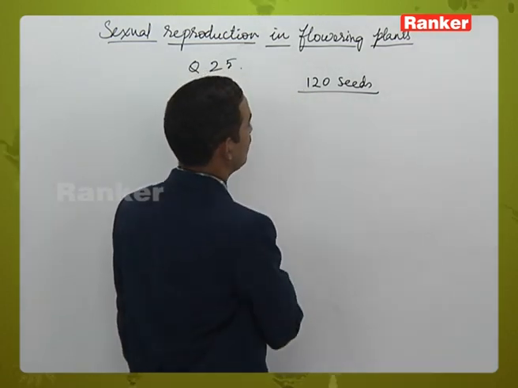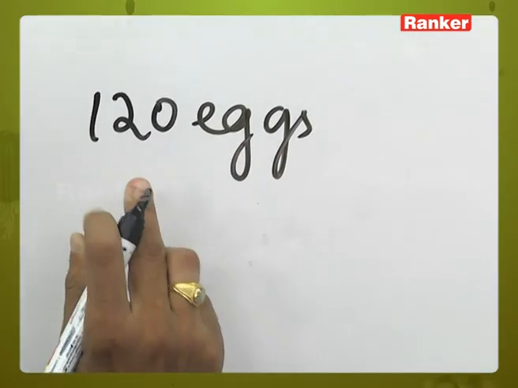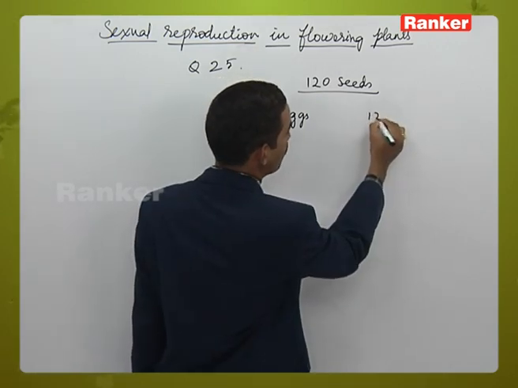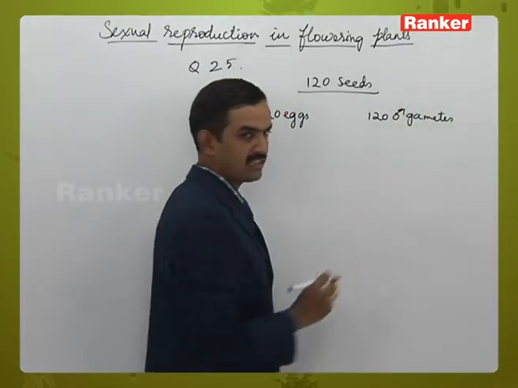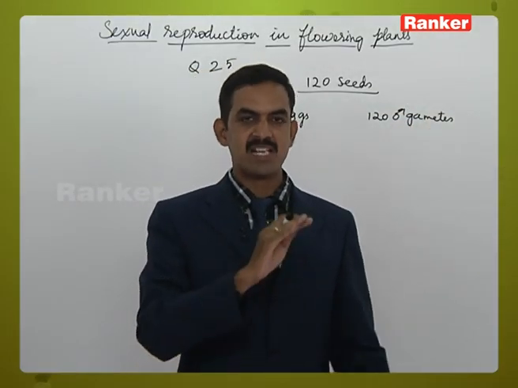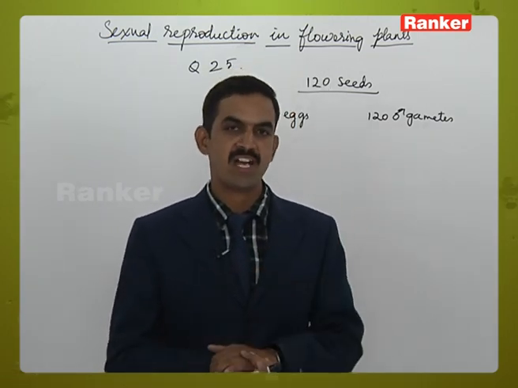To produce 120 seeds, 120 eggs are required, and these 120 eggs are fertilized by 120 male gametes. But one thing to be noted here, that when you are saying seed, apart from the zygote, that is embryo, we should also consider the formation of endosperm.